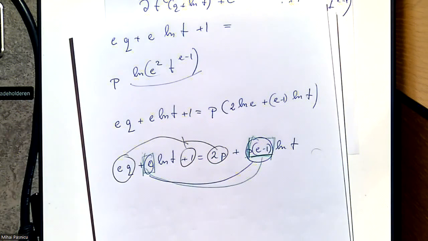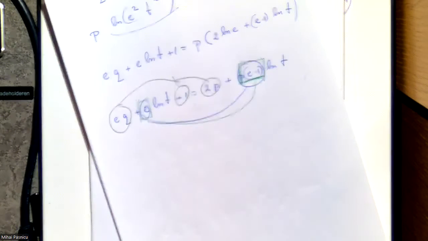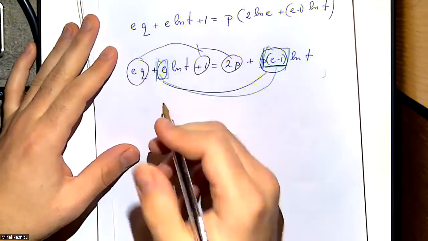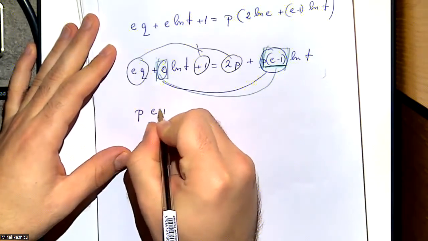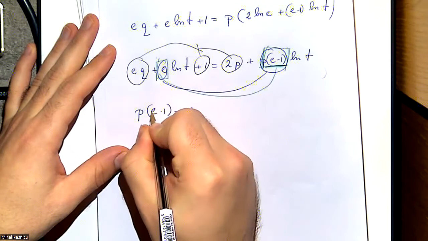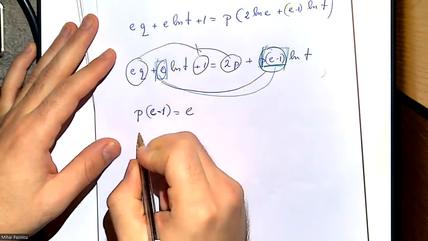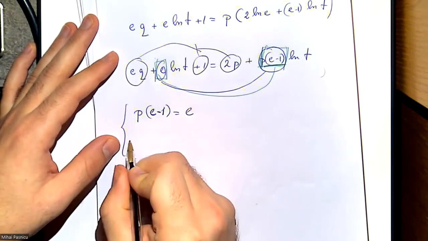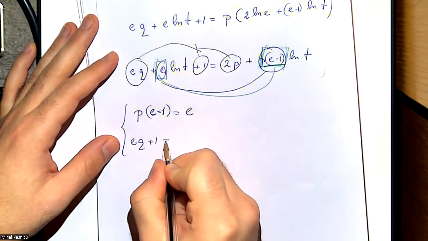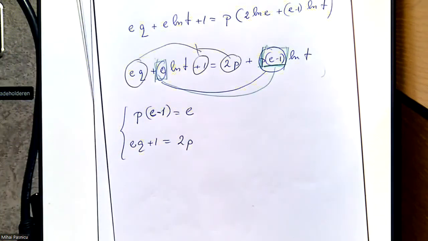Okay, maybe I can rewrite it. So from this, I just get that P E minus 1 is equal to E. And then I get that the other stuff, EQ plus 1, has to be equal to 2P. Okay, I just made everything equal.